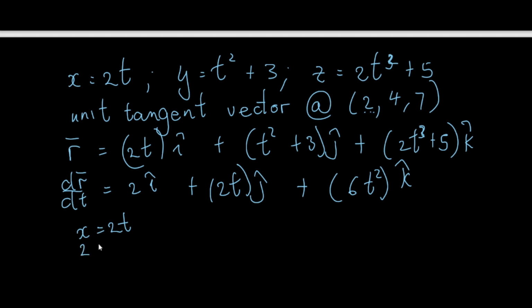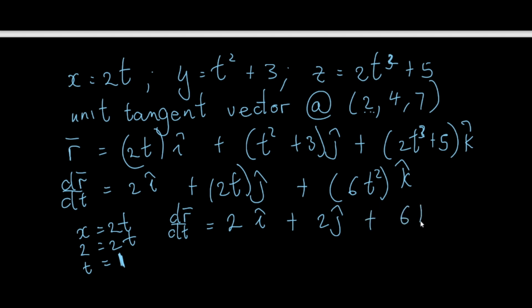So we just substitute in 2, and we can see that this particle is at this point after 1 unit of time, be it 1 second or 1 minute or whatever the case. So we can just substitute this value of 1. We get dr/dt when t is equal to 1. So we get 2, and then 2 times 1 is again 2, the y component, and then plus 6.